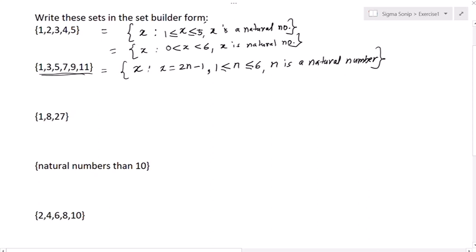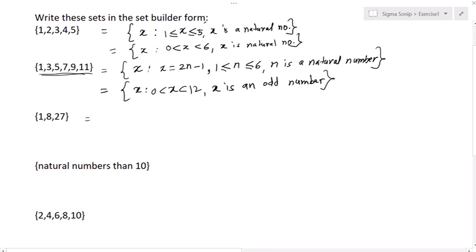That's my set. Later on we'll look at how to make it even more compact. So that would work. Or you could also write x, that x is between 0 and 12 and x is an odd number. That also is a valid representation of this set.